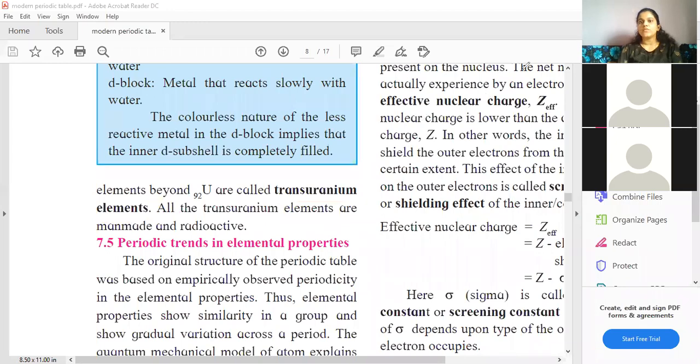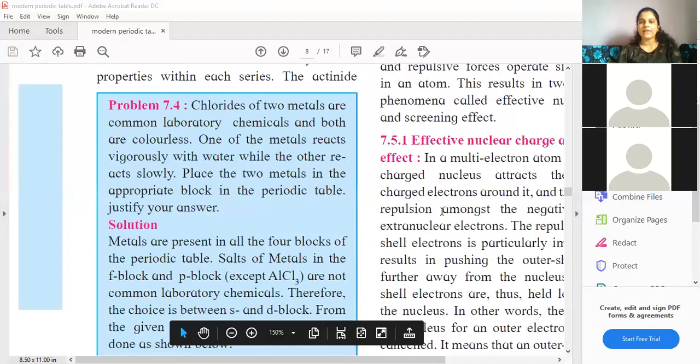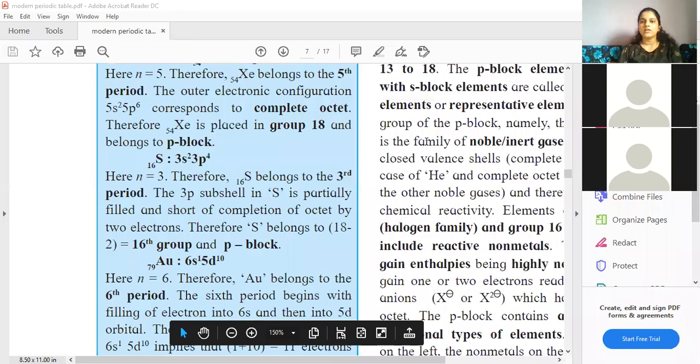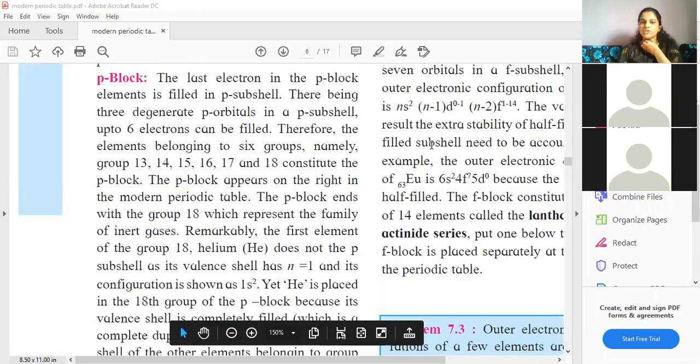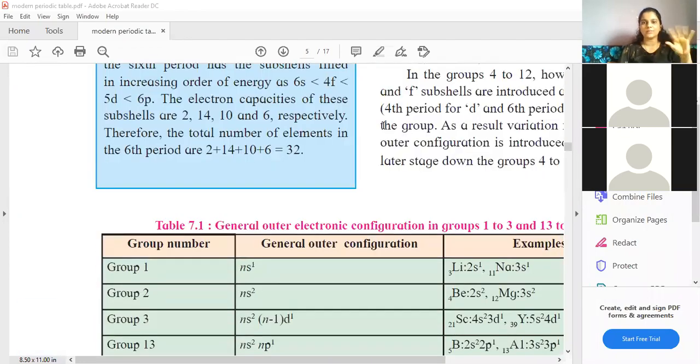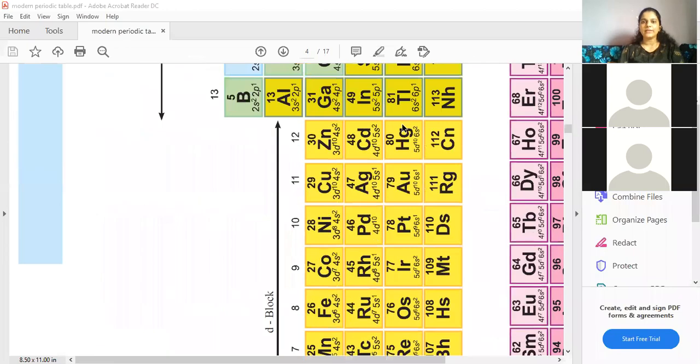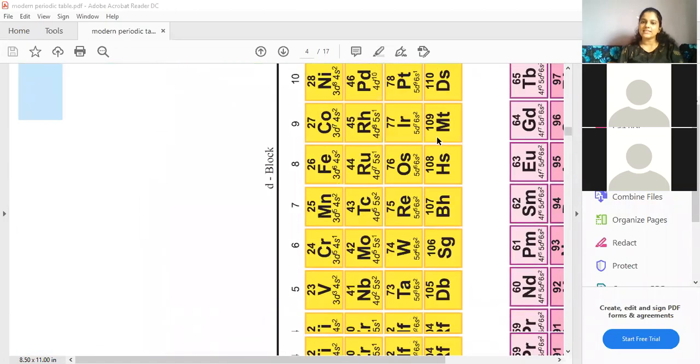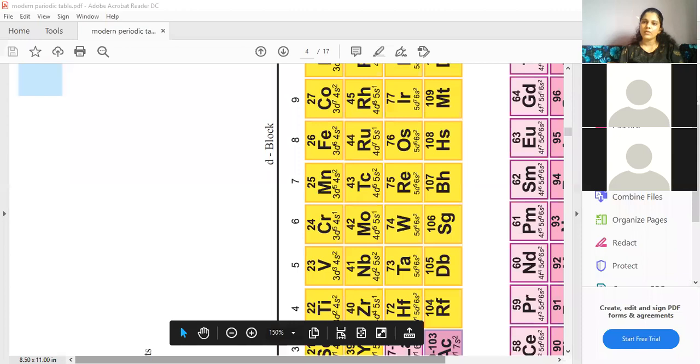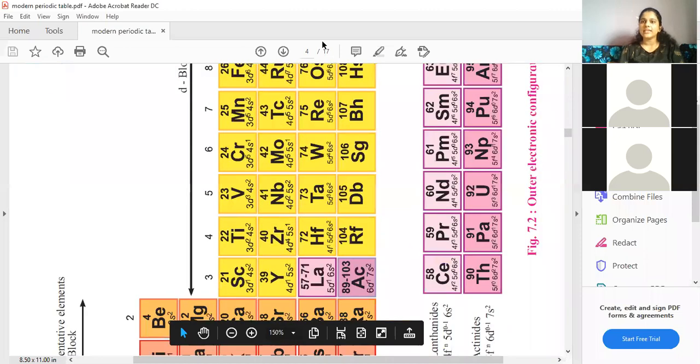So where is this uranium? Let's quickly have a look at the periodic table. We are done with, there was not much to remember in F block, just some terminologies. If you see this periodic table, where is uranium? You can see uranium here in the actinide series.